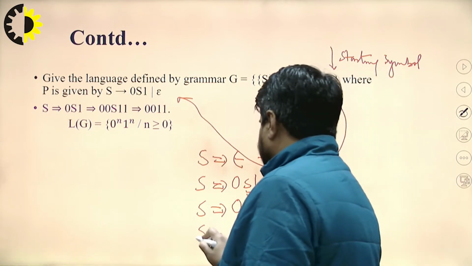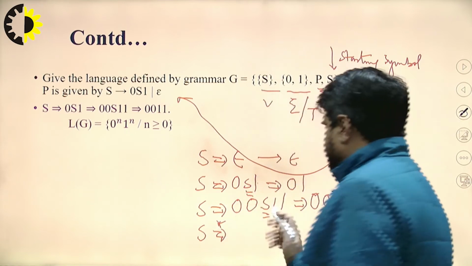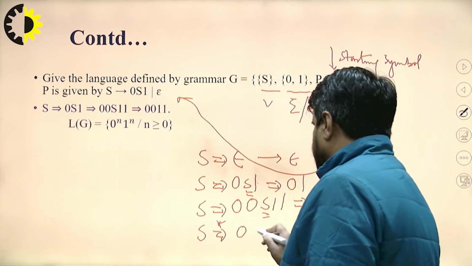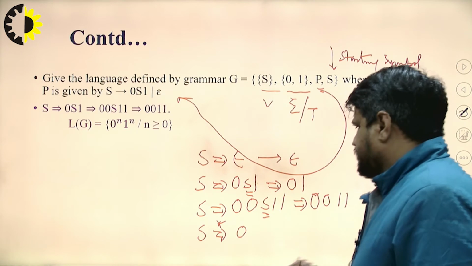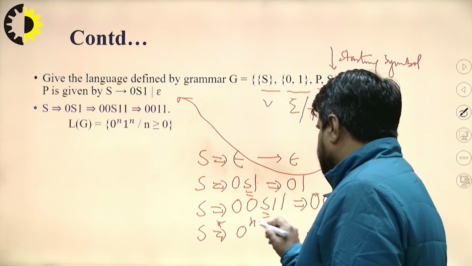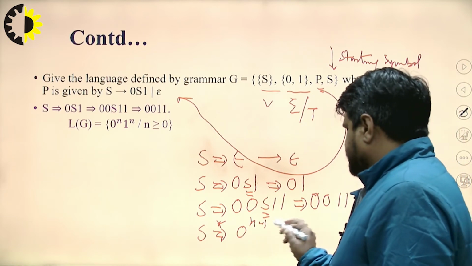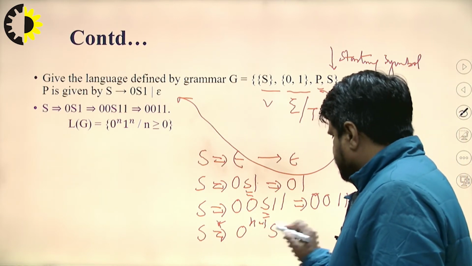Now, suppose you repeat this procedure n minus 1 times.